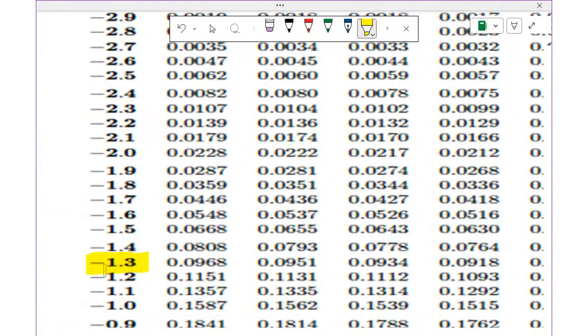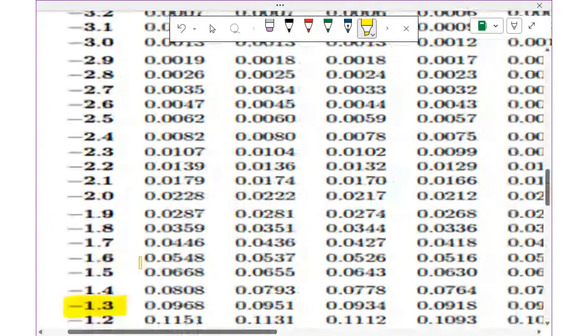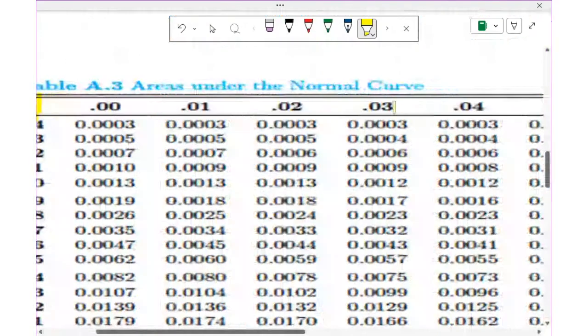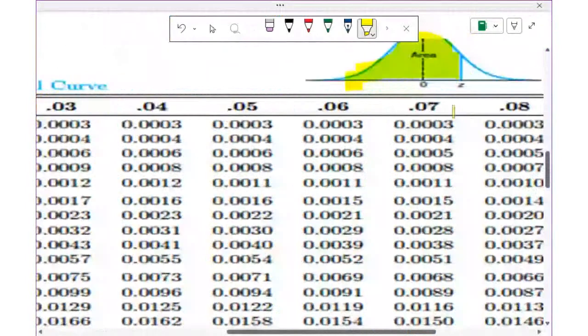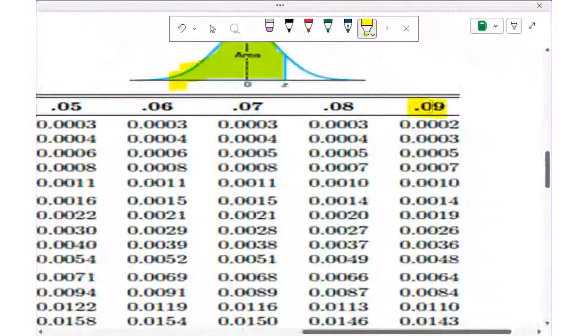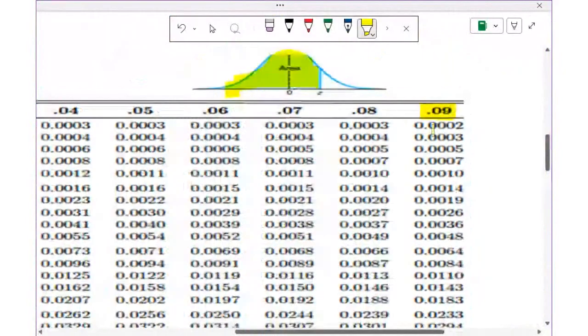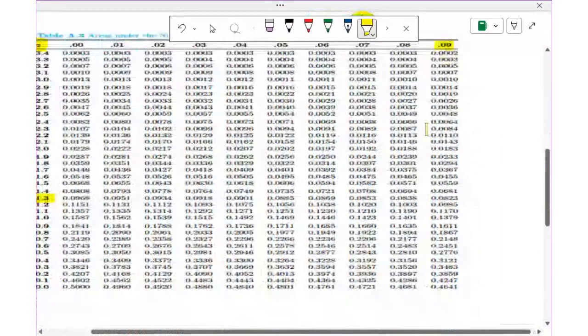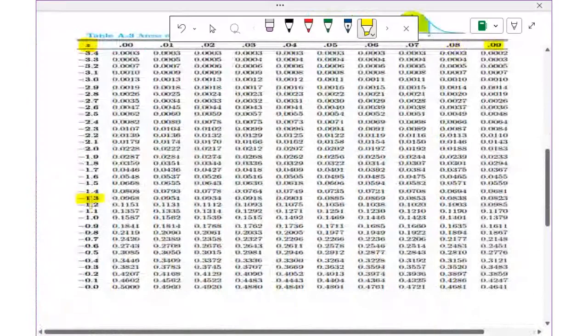So minus 1.3 you have seen on the left side. Then in the top, you will see 0.09. You can see here, this is in the end 0.09. Now what you will do, you will match this minus 1.3 horizontally with 0.09 vertically.